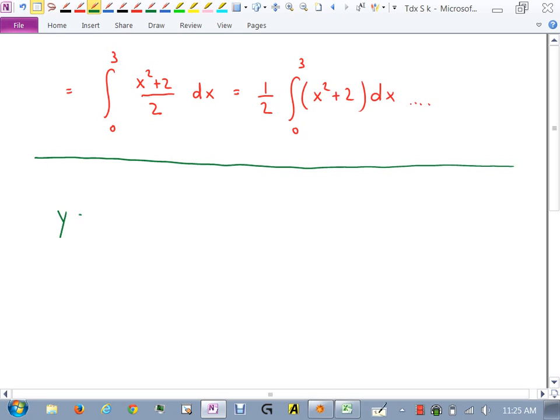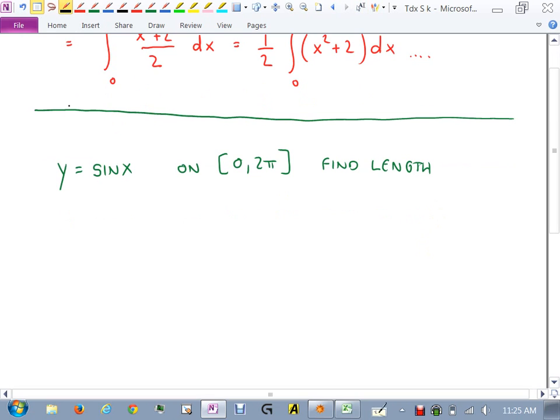Let's see, if y is equal to sine x, and let's just look at one period. And we look at it on the interval, what, 0 to pi? One period of sine. Find the length. That can't be too bad, can it?